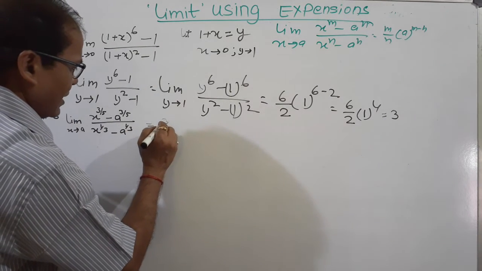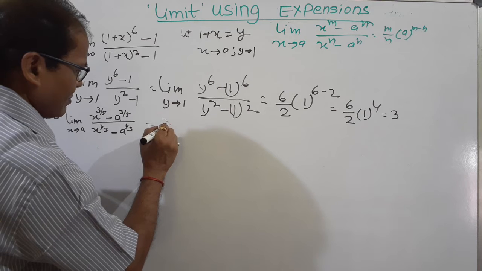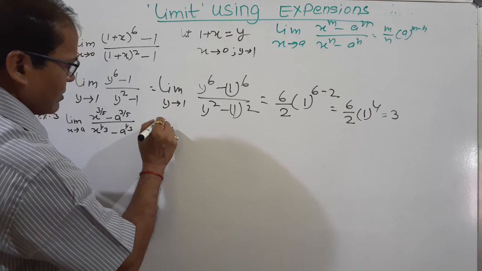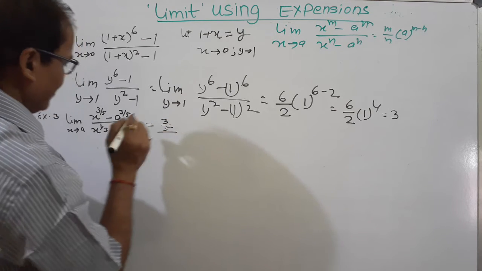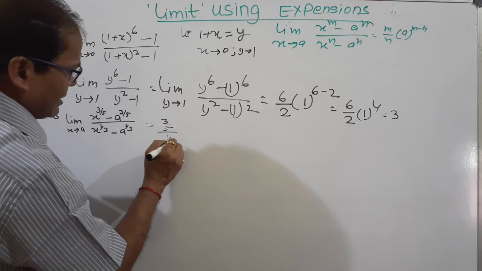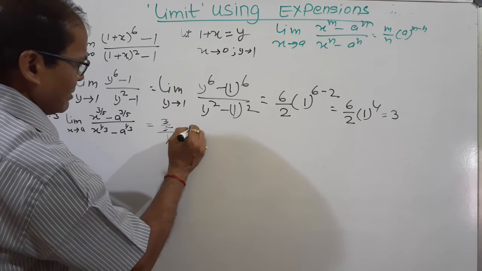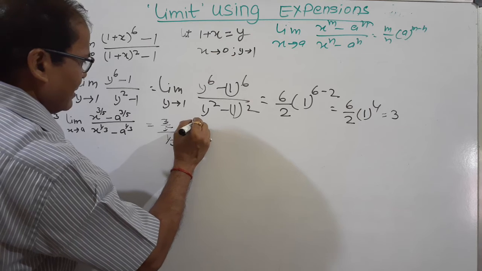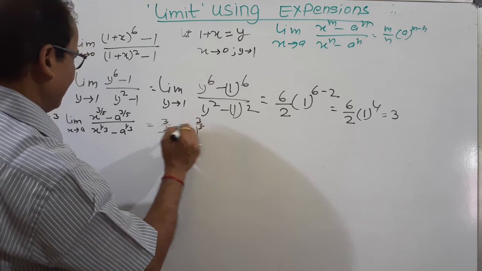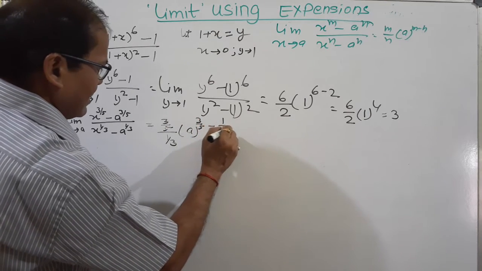3 by 5, whole divided by 1 by 3, and a to the power 3 by 5 minus 1 by 3.